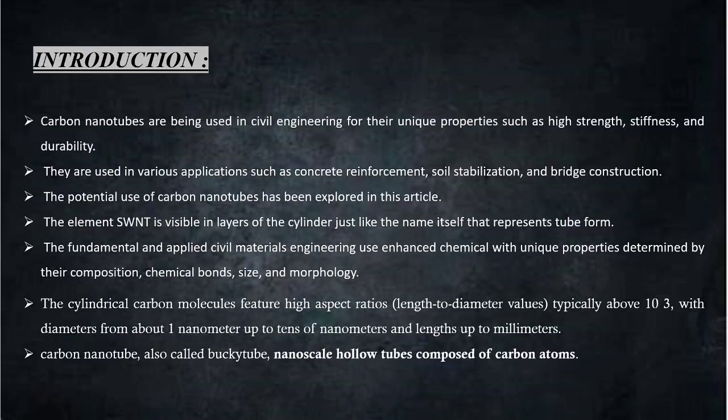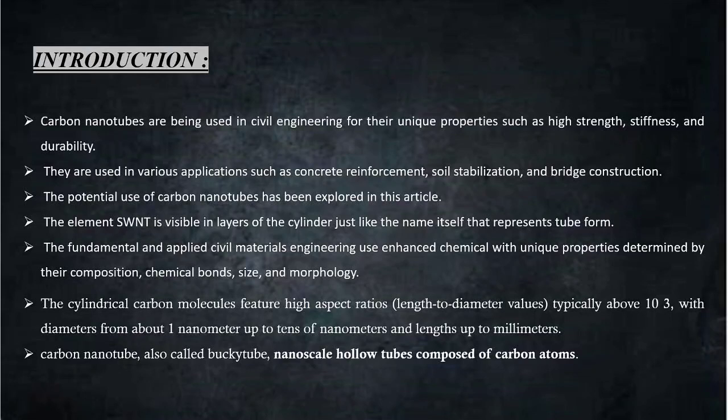The SWT is visible in layers of the cylinder, just like the name itself represents tube form. Fundamental and applied civil materials engineering use enhanced chemicals with unique properties determined by their composition, chemical bonds, size and morphology.